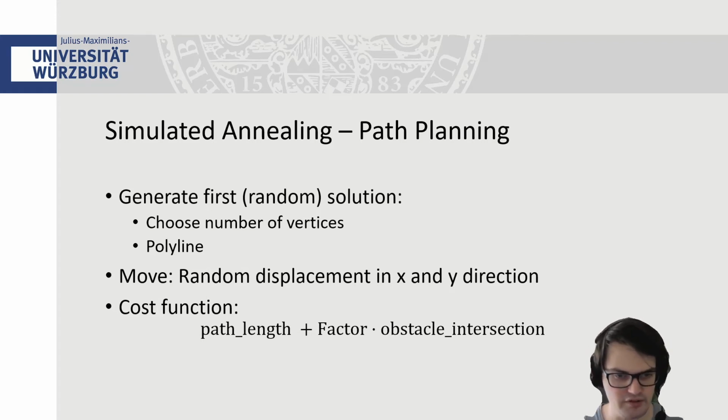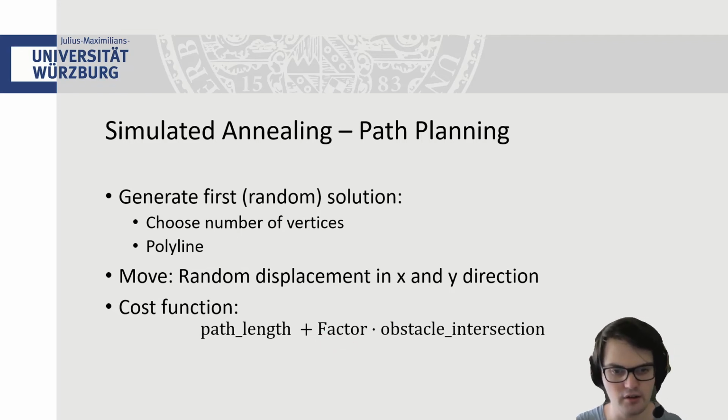And we also need a cost function, and this cost function is defined by adding the path length to the obstacle intersection, so the length of the path which is within an obstacle. But as we really don't want to have any collisions on our path, we multiply the obstacle intersection by a factor.